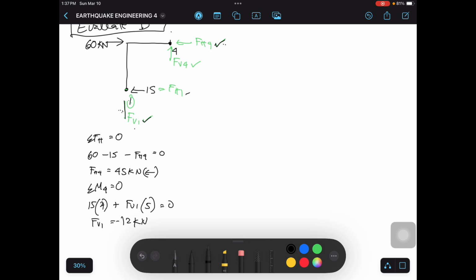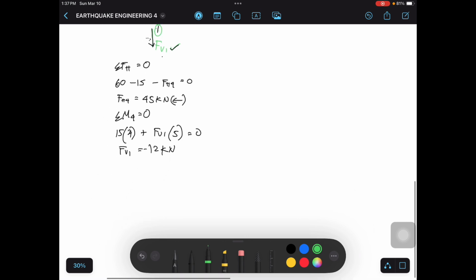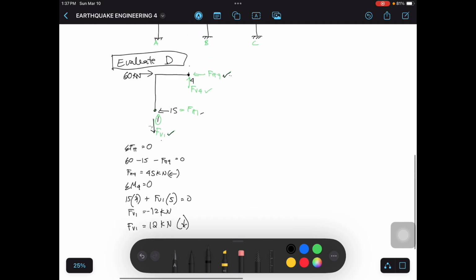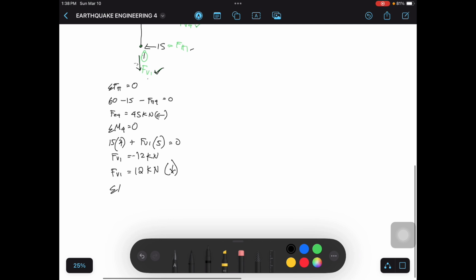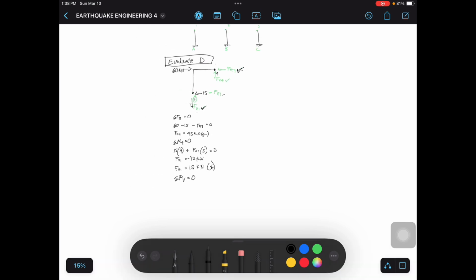Bago ka mag-proceed, i-correct mo, downward siya. And then, rewrite mo to para hindi confusing and maitama siya downward. So, nakuha na natin dalawang forces, ito na lang ang missing, si FV4, but we can use summation of forces along vertical equal to 0. Ang vertical lang naman is FV4 and FV1.